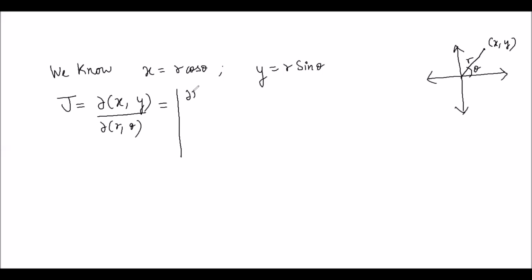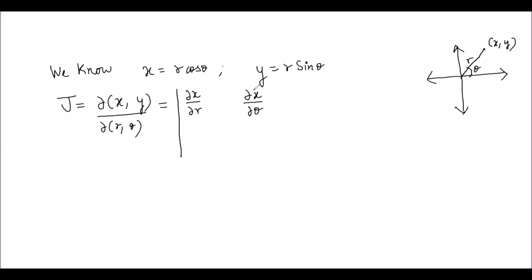This is del x by del r. Again, this is new for you. Del x by del r is the notation of partial derivative. We are not using d here, the notation of ordinary derivative. We are using the notation of partial derivative, del x by del r. Then we will have the partial derivative of x with respect to theta.